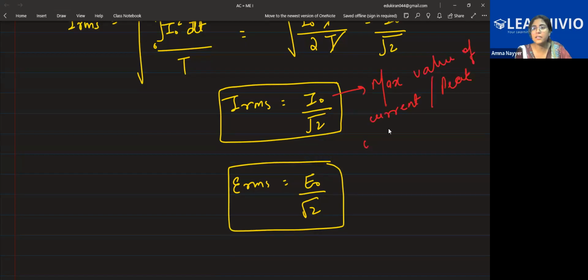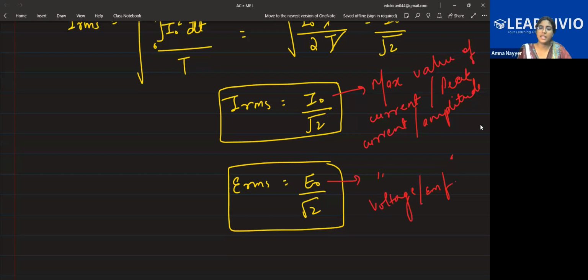I have told you this initially. Or amplitude. Amplitude means the maximum value. Here also the same thing is for voltage or EMF. That's it. This is very important to deal with.